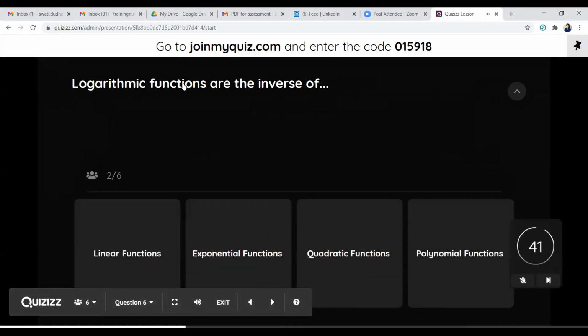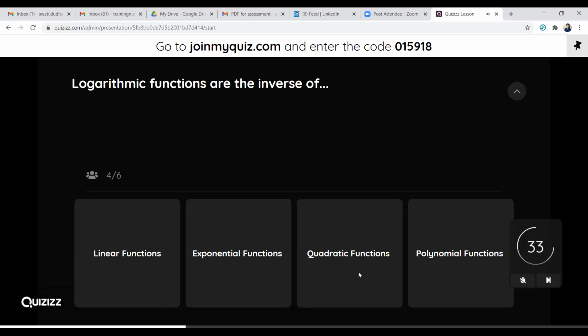Very easy question. Logarithmic functions are the inverse of what? I'm sure everyone is going to answer it correctly.